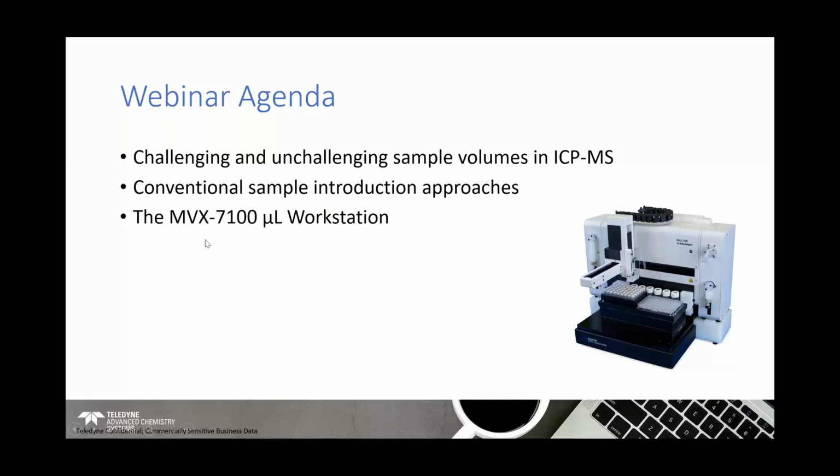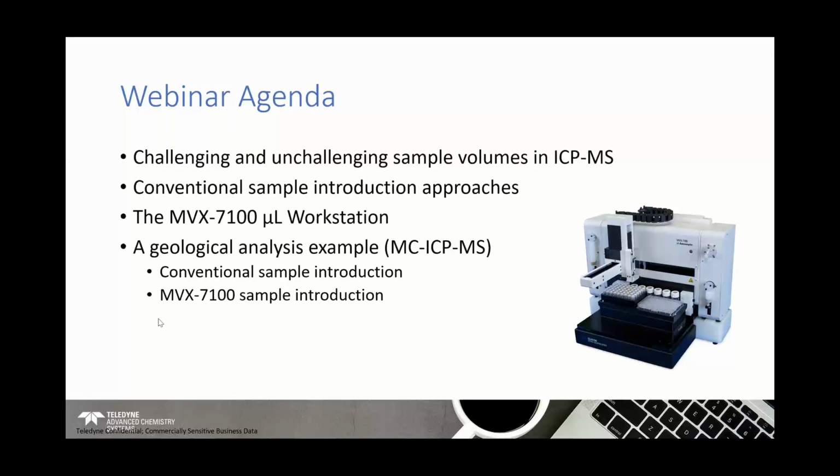After that, the MVX7100 microliter workstation itself, and then a specific example in geological analysis, and then how multicollector ICPMS, and how conventional sample introduction plays into that, as well as the MVX7100 system. And then I'll wrap up and conclude from there.